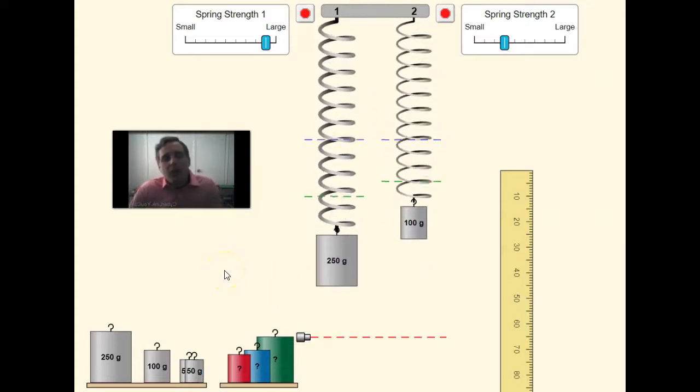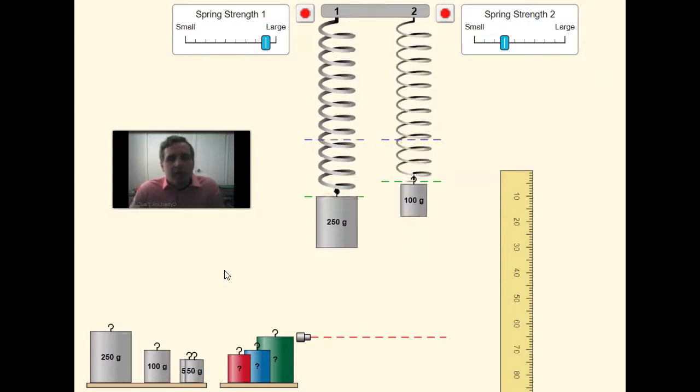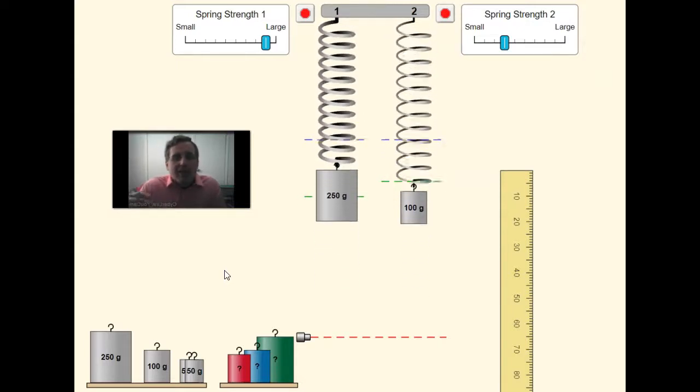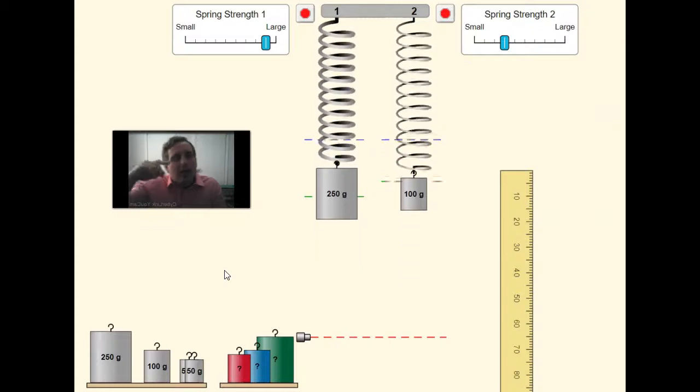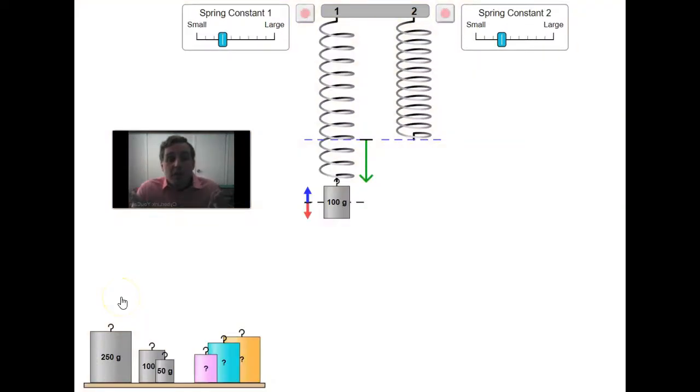Now that we've really started to understand how this works, let's also add in the fact that in a vertical alignment, there is the force of gravity. So what is now shown here is basically the same experiment, but now we can show the gravity force, which is in red, the spring force, which is in blue, or we can look at the net force, which will be in black.